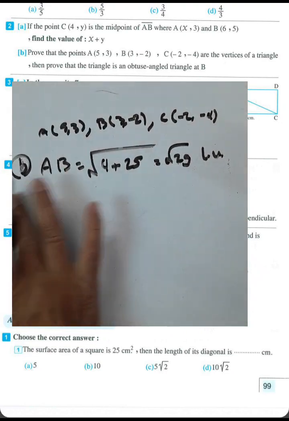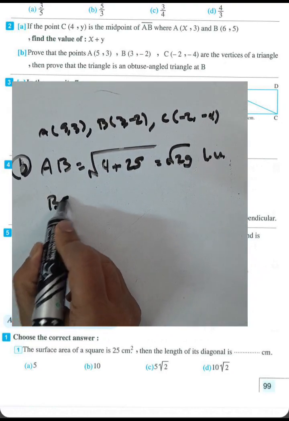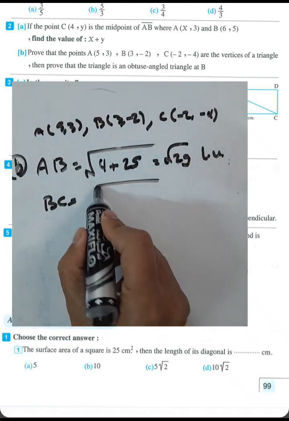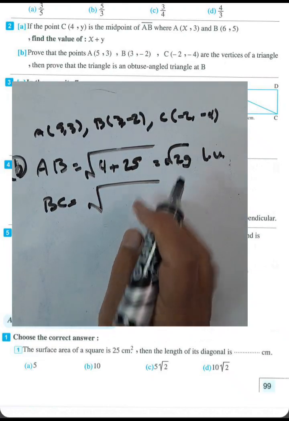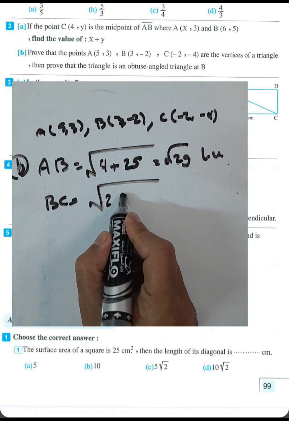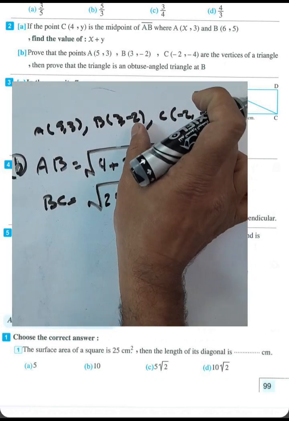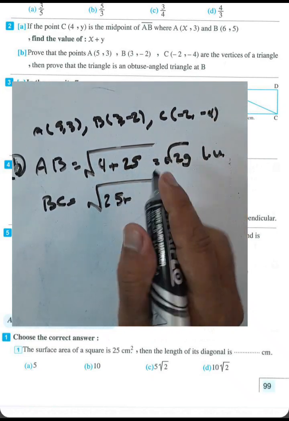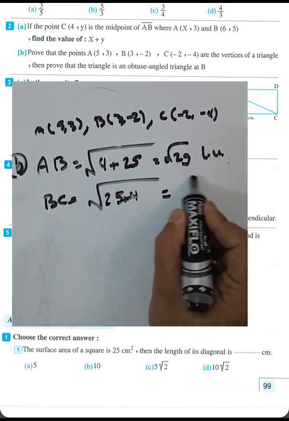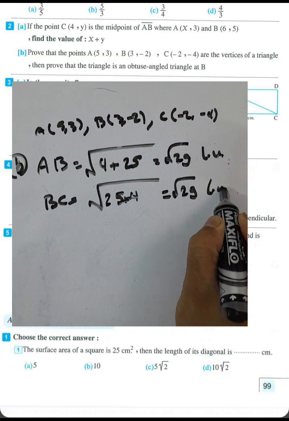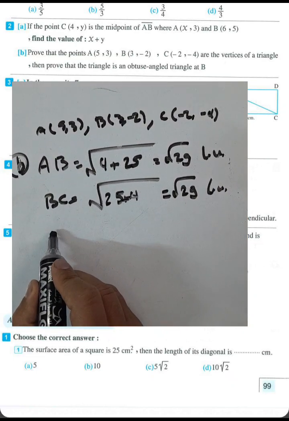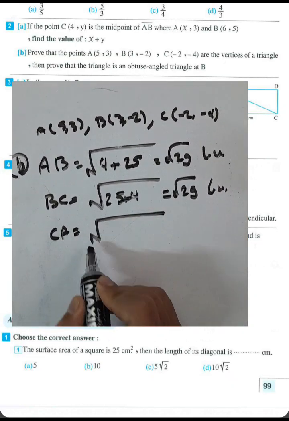And we can find the length of BC, square root of (x2 minus x1) power 2, negative 2 minus 3, negative 5 power 2, 25, and negative 4 plus 2, it will be negative 2 power 2, it will be 4, square root of 29 length unit. And then we can find the length of CA.